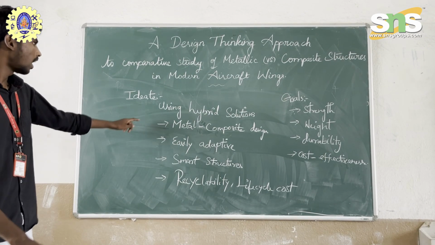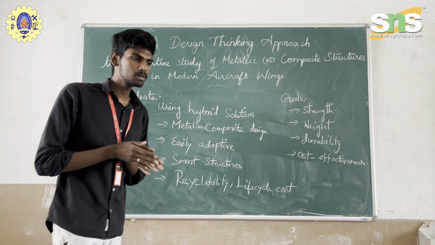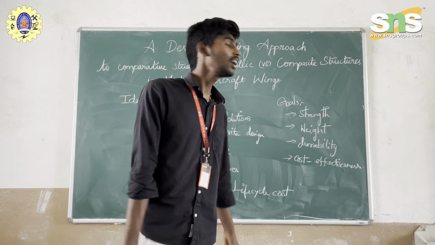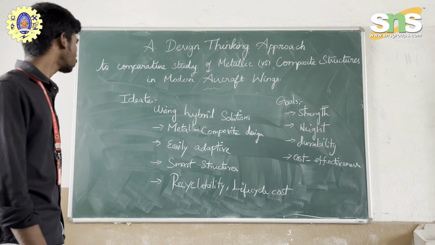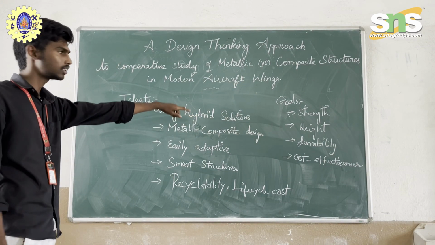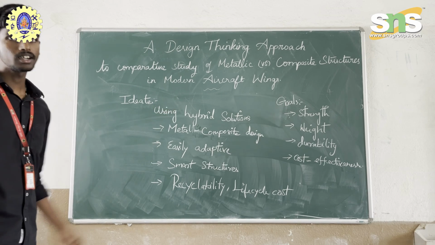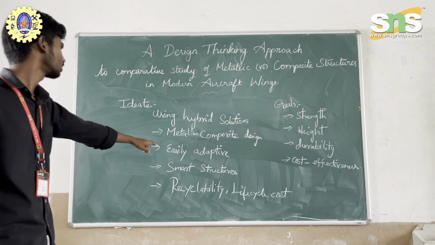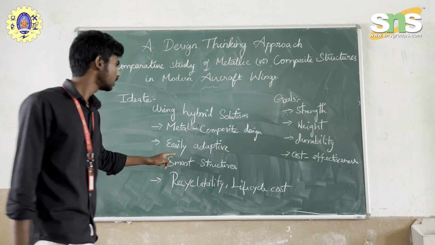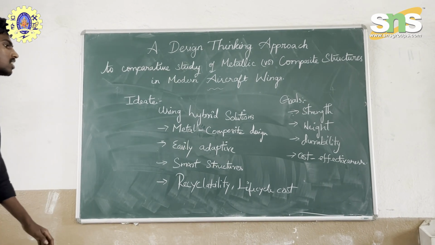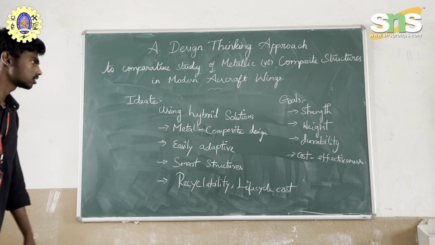Ideate: understanding the problems and defining the key challenges in aircraft wing structures. Using that, the hybrid solution is an alternative to the traditional wing structures, using metal composite designs, adaptive and smart structures, recyclability, and life cycle cost.